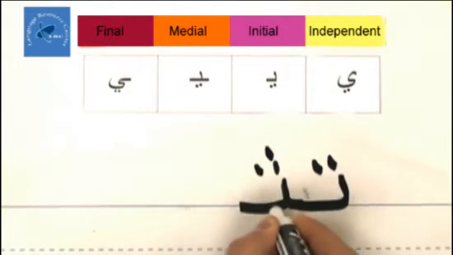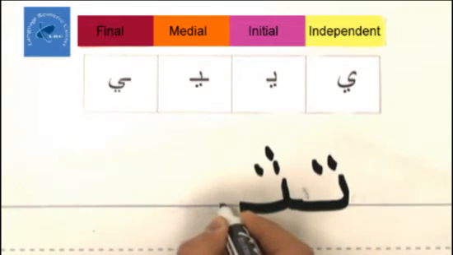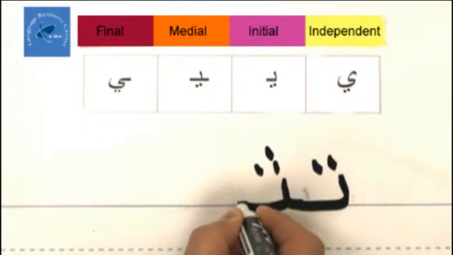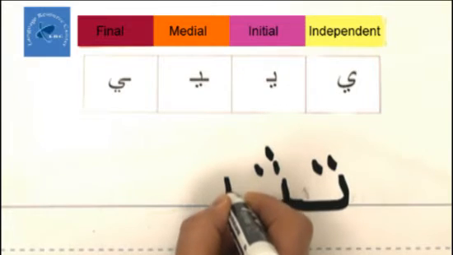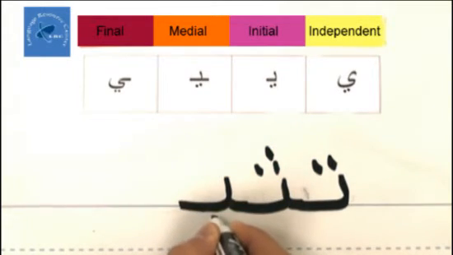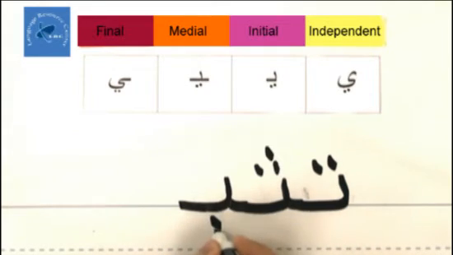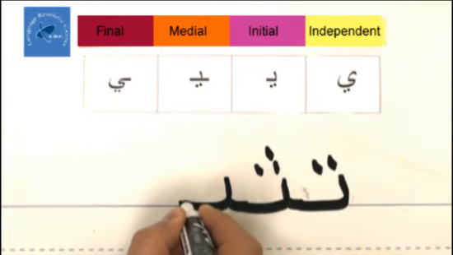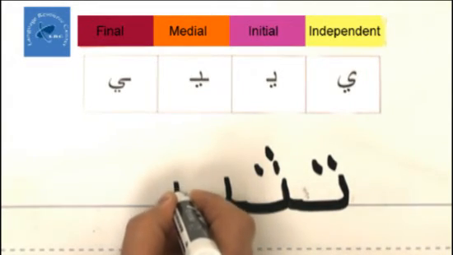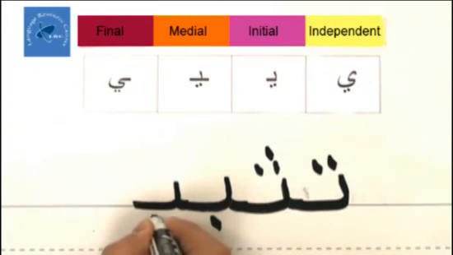Tef, tef, beat. So we need a ba. So we do another tooth and a tail to the right and 1 dot for the ba. Tef, tef, beat. So we need E also connected to the ba. So another tooth and a tail and 2 dots for the ya.